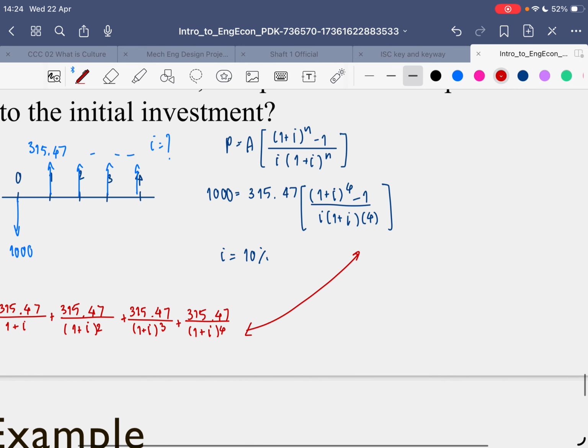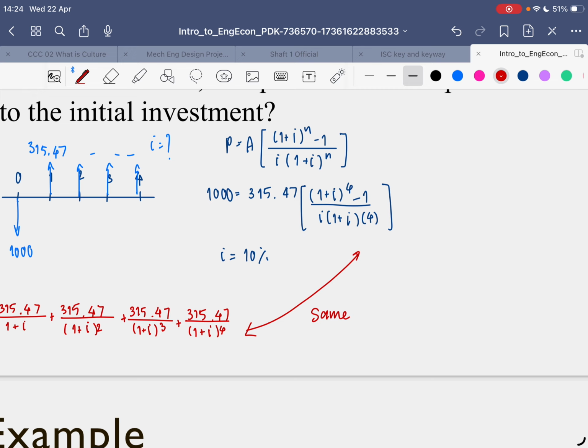Another example is you invest $1,000 at time 0 and receive 5,000 at time 3 and 1,500 at time 5. What is rate of return of this investment? So simple, right? You have 0, 1, 2, 3, 4, 5. We invest 1,000 here. You receive 5,000 here.